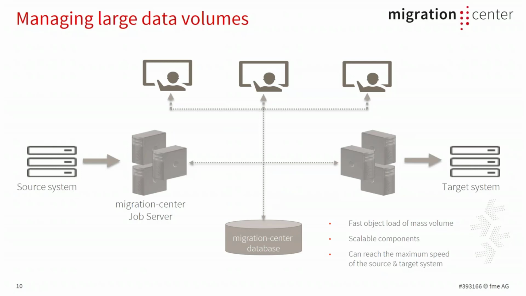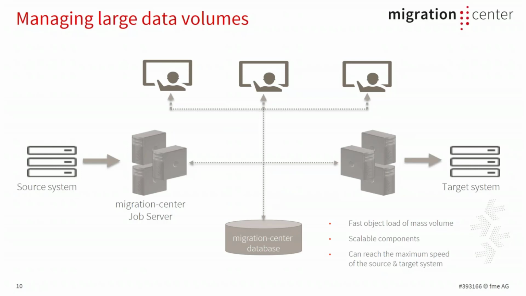Here you also see a typical setup of the Migration Center. As an example, we have, as I said, the brain, the central Migration Center database, down there at the bottom. Then we have one or several clients at the top. On the left-hand side, you see, as an example, 3 job servers for scanning, and on the right-hand side, 3 job servers for importing. That's also how it works.